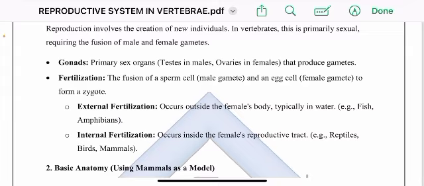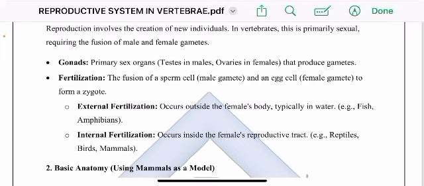There are primary sex organs, which are testes in males, ovaries in females, thereby producing the male and the female gametes.